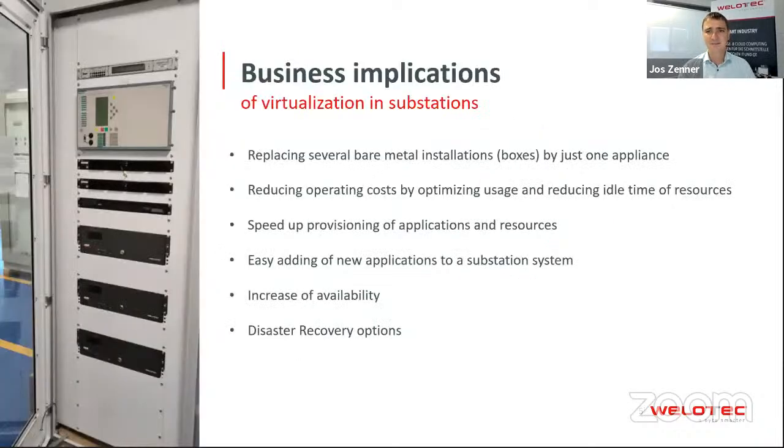So what kind of business implications you have? So with one single hardware that you are seeing on the left side, the three boxes on the bottom, the gray one, that are substation servers, you can run multiple applications. So you can replace several bare metal boxes like the substation automation system, like the operating workstation, like engineering workstation, and firewall on a single hardware.